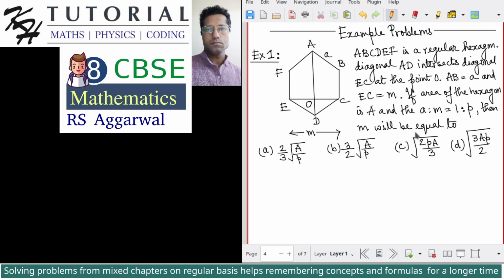If the area of the hexagon is capital A and the ratio A is to m is 1 is to p, then m will be equal to, okay, it is asking the value of m in terms of A and p, capital A and p.